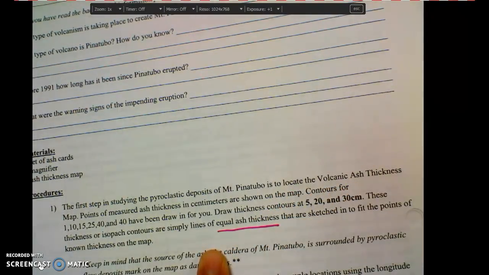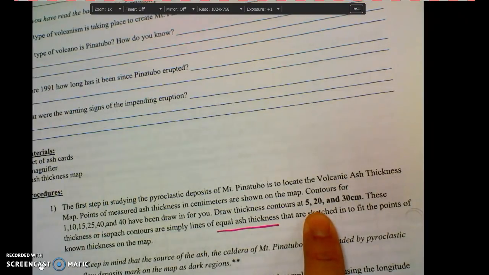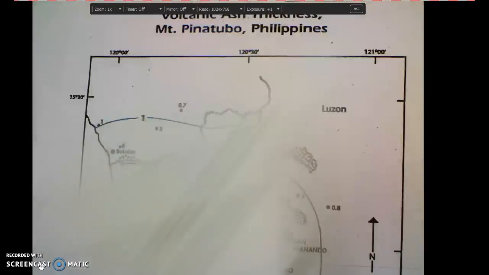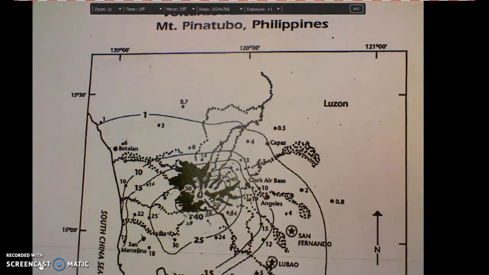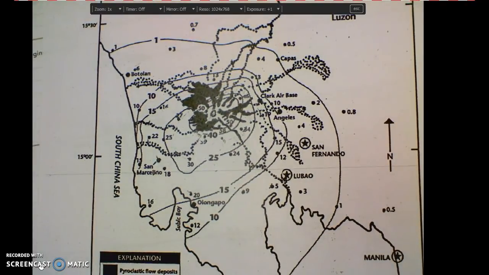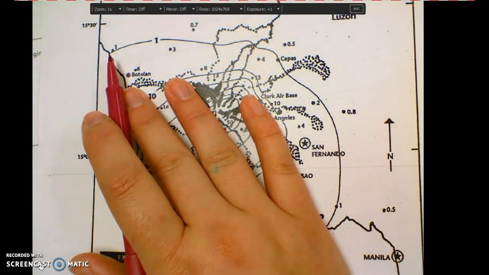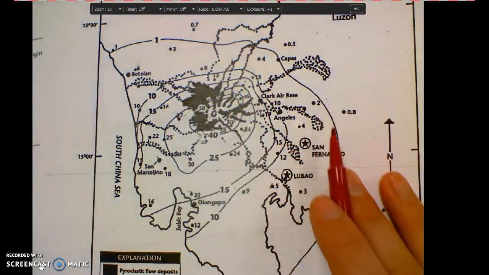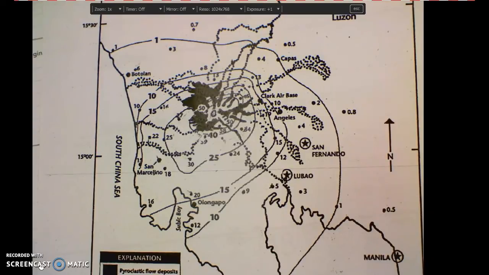So we're going to be drawing contour lines for 5, 20, and 30 centimeters. Let's get started. If you take a look at your map, some of the lines have already been drawn for you. For example, look at the outermost line. This shows locations where the ash was measured to be 1 centimeter thick.